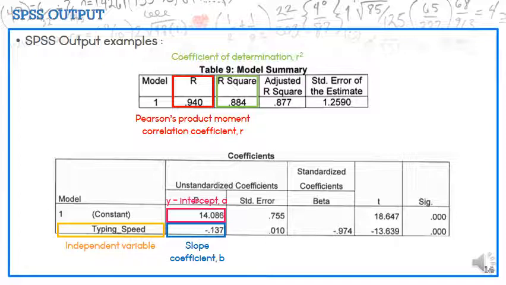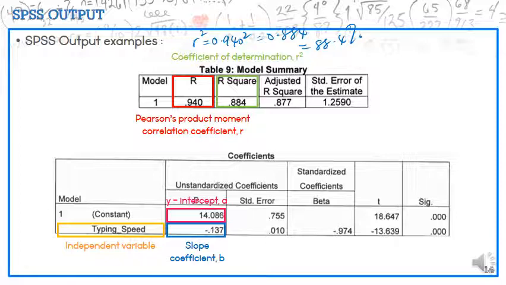Okay, so your R is 0.940. Thus, your R squared, you kuasa 2 kan. So, you dapat 0.884. And normally explain in percentage.